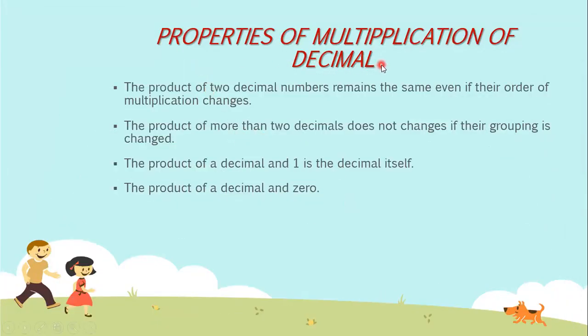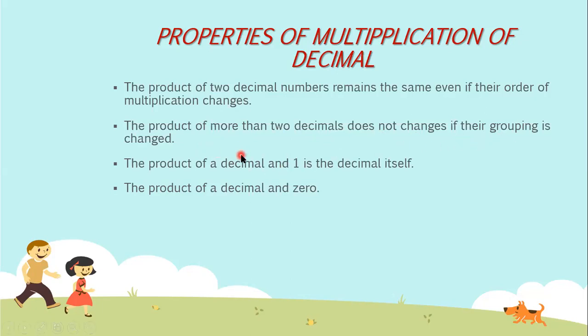Next, see the properties of multiplication of decimals. So what are the properties? The product of two decimal numbers remains the same even if their order of multiplication changes. Suppose you are multiplying two decimal numbers, if you change the order and multiply, we will get the same answer. Next, the product of more than two decimals does not change if their grouping is changed.